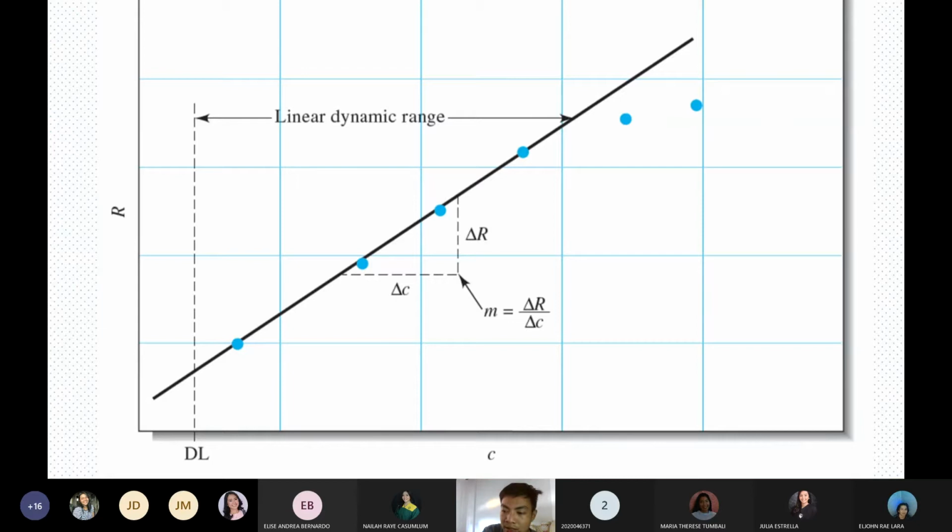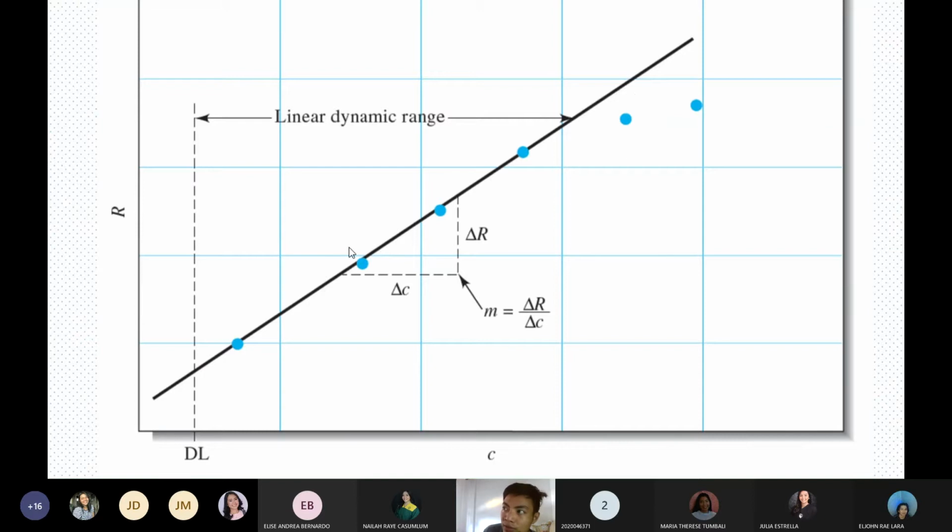So, ibig sabihin yan, your instrument is just limited to a certain range. No? So, ganun yun. Kasi kapag isasama mo pa yon, anong mangyari sa R-square nyo? Bababa. Papangit yung linearity. So, in order for you to do accurate analysis, you have to remove those parts, no? Tatanggalin mo yung mga part na pangit na yung reading. Okay?